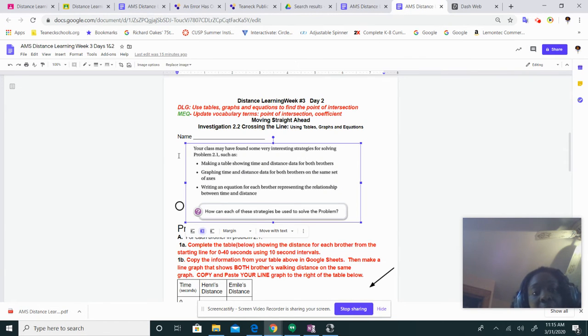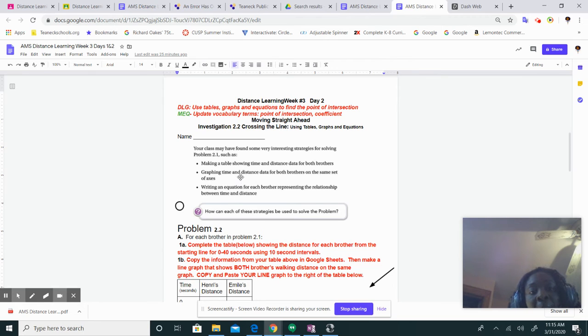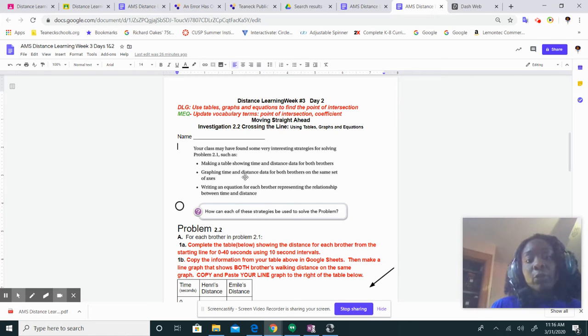Okay, so this didn't copy for whatever reason in the PDF file I have, but it says your class found some interesting strategies: making a table showing time and distance, graphing the distance for both brothers on the same set of axes. And again, I can go into further detail and depth on this if you guys really need it, but really, looking at making a table, you can graph that information.